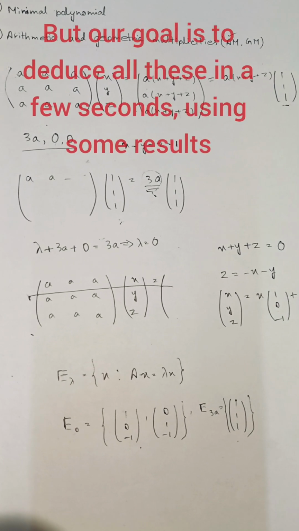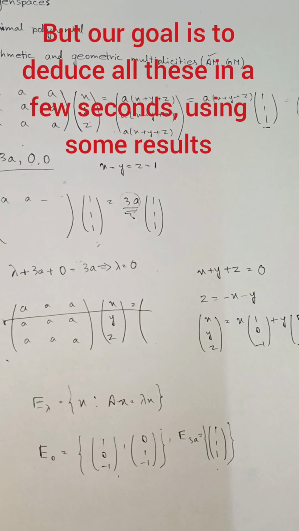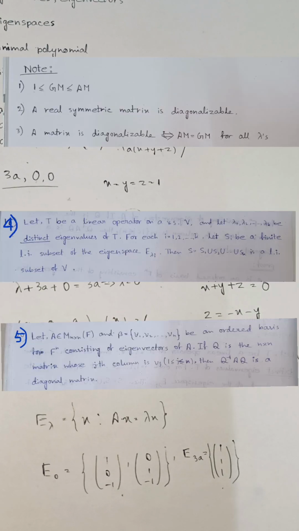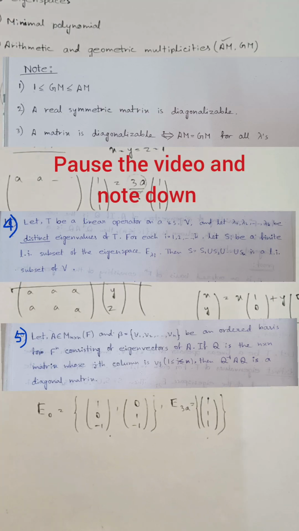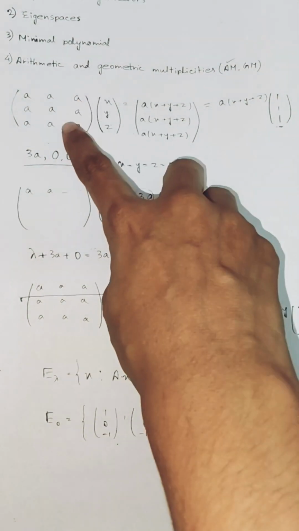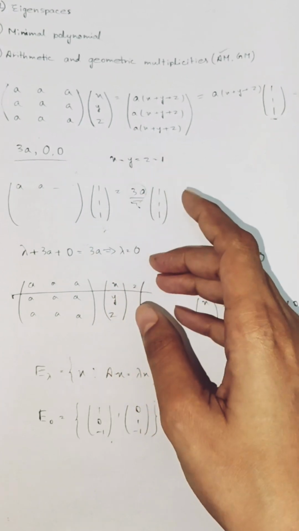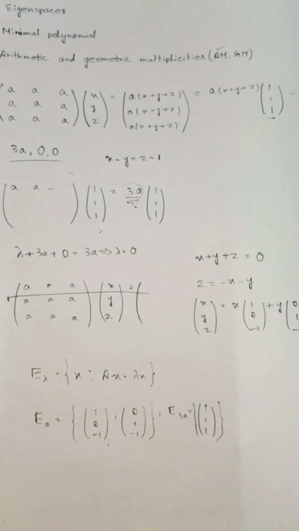But if you want to apply some results or use some shortcuts, then here are some. Now to find the GMs easily, we will apply note 2 and note 3, and see this matrix is symmetric. So we can easily apply note 3.